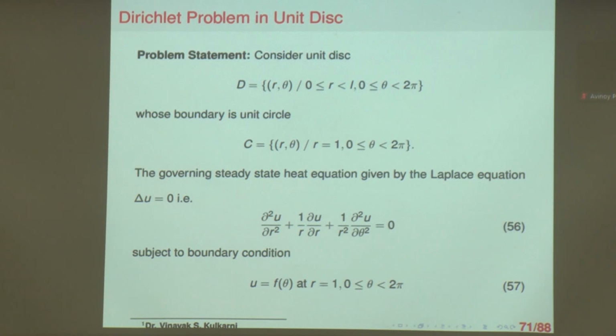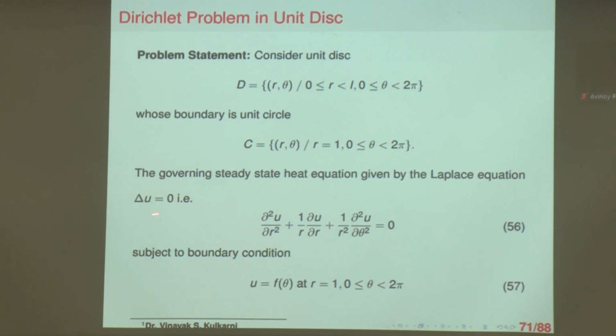This you can better understand. So C represents its boundary, that is r, theta with r equal to 1. As we are talking about this boundary, it is a circumference, the radius is 1, and theta varies from 0 to 2 pi. And here in the Dirichlet problem in the unit disk, we will consider a steady state equation. I have not taken a steady state problem before, that's why I chose this particular problem.